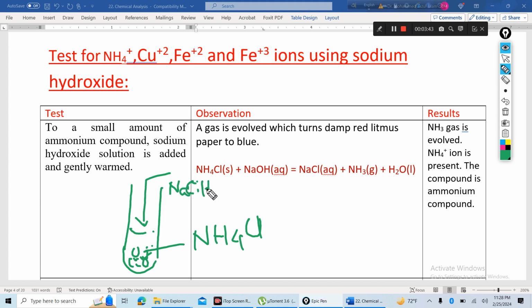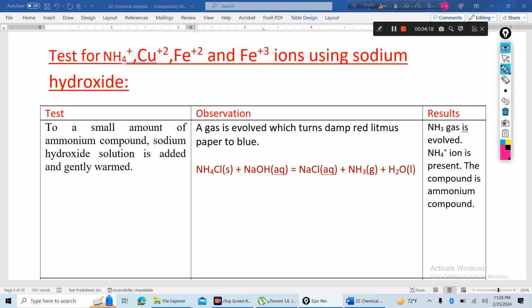Then if you give heat, after heating, salt plus ammonia plus water will be produced. If you keep damp red litmus paper on this gas, it turns blue.